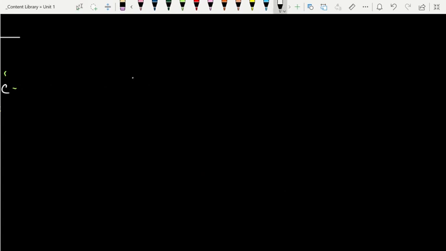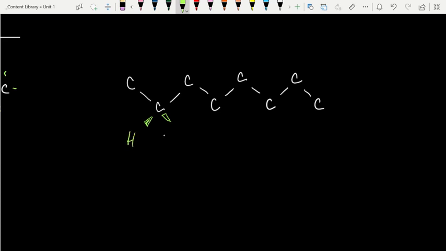So let's draw a carbon-carbon chain. This is a little bit more realistic. And of course, the hydrogens will be coming off in this direction and in that direction into the screen and out of the screen as we try and apply some three-dimensionality to this. These will be our hydrogens here.